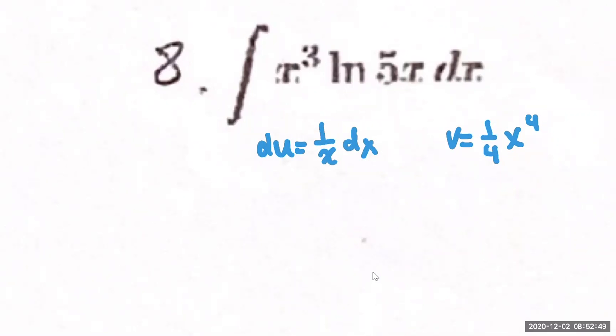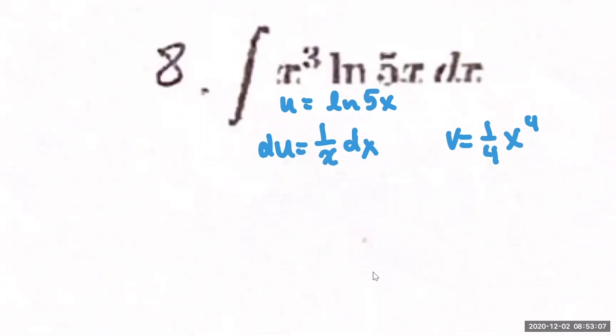Oh, chain rule. That might have been where you went wrong, because u is equal to ln of 5x. So it's 1 over 5x times 5, so it's just 1 over x. Did that make sense? So when you take the derivative of this, okay, perfect.